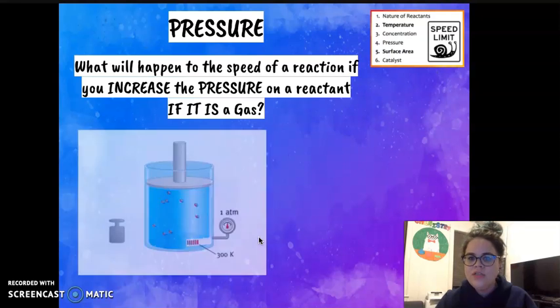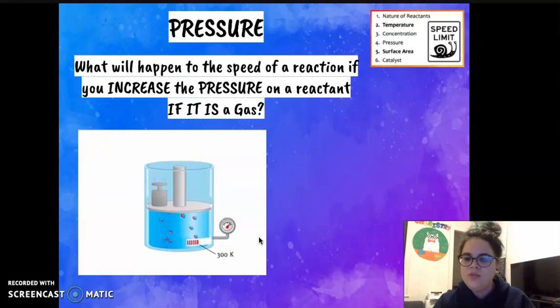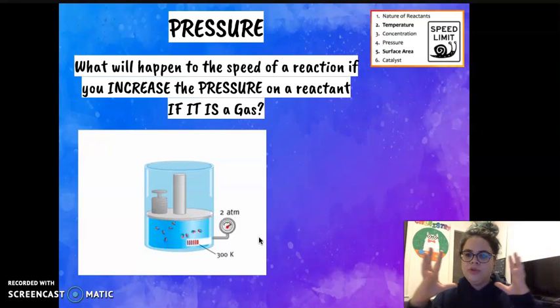If I increase the pressure on a gas, as you can see here, I'm putting more weight on the top of this piston, and I want you to look at what it's doing to the particles. What effect do you think this will have on the rate of the reaction? This is essentially the same as increasing the concentration, because on a gas, when you increase the pressure, you're pushing them closer together.